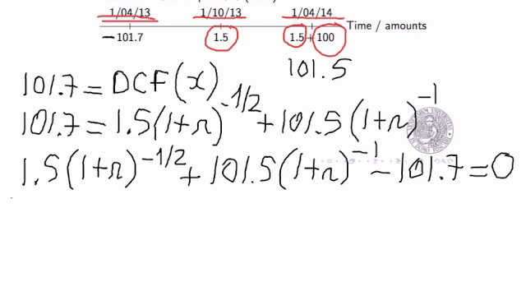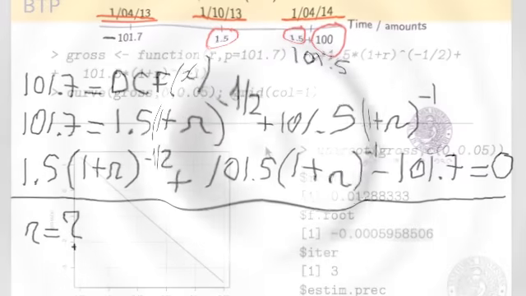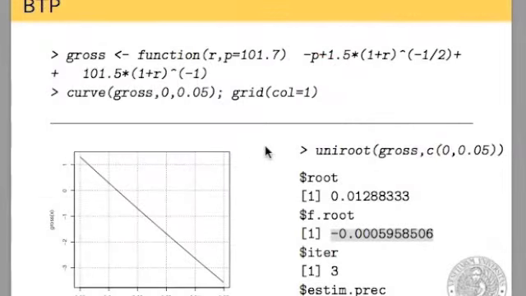And this is exactly the equation that I have to solve in order to find the unknown, which is the interest rate r that the BTP is paying. Of course, the interest rate depends on the amount of the coupons, on the structure of the payments, and on the price, in this case 101.7, that is paid. And now we go back to R in order to define such a function and to solve such an equation using uniroot, to find the gross return of a BTP.